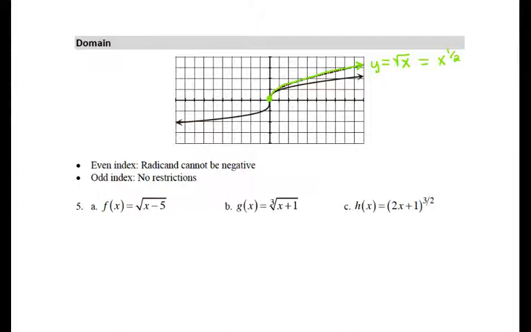And we'll look at y equals the cube root of x, which is the other graph, which is the same thing as x to the power 1/3.